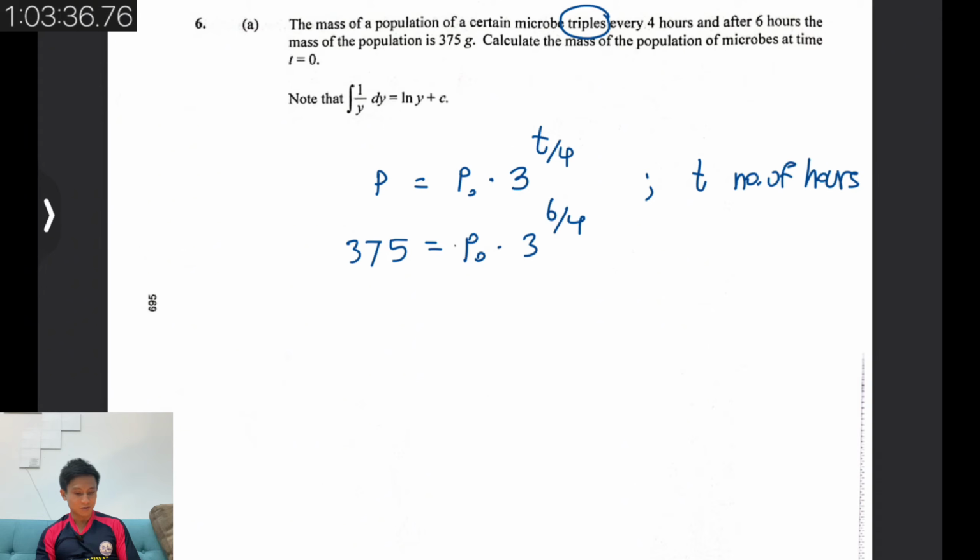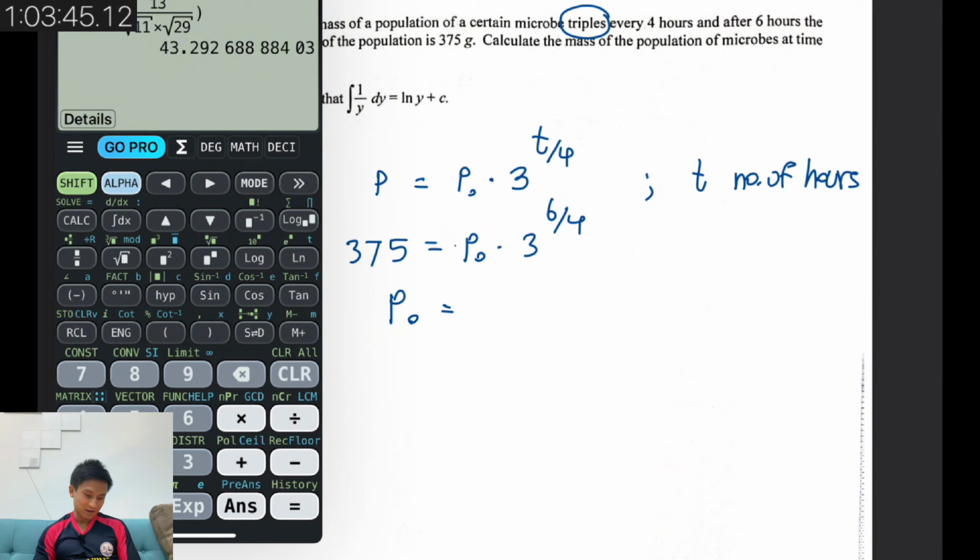Did I make it too easy there? So P naught equals, just use a calculator there, 375 divided by 3 to the power of 3 over 2, right? Interesting.